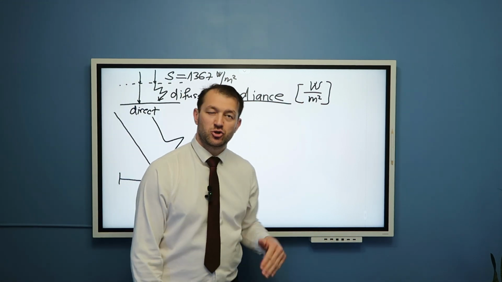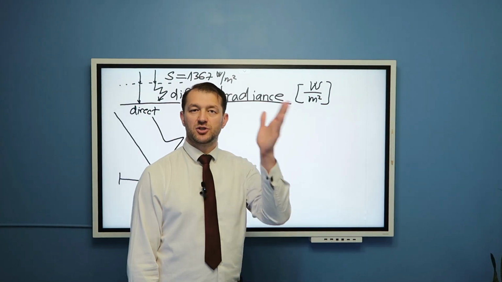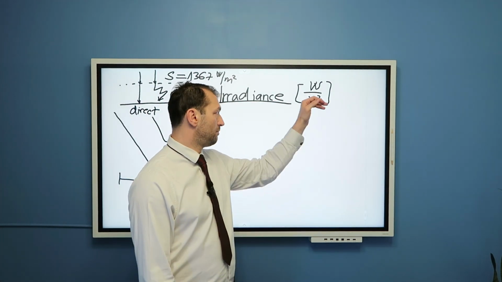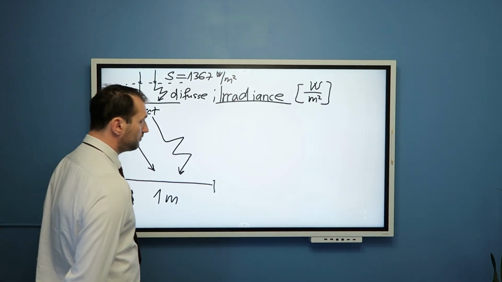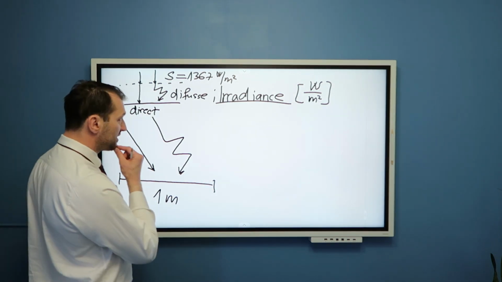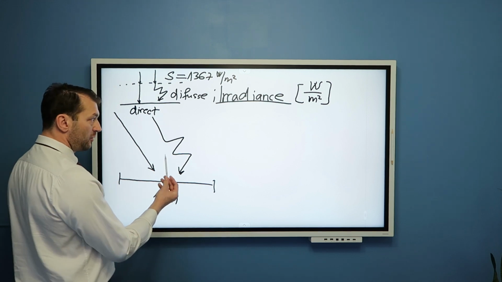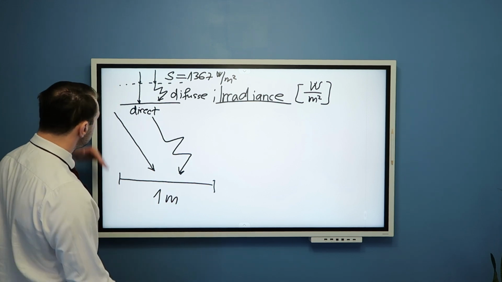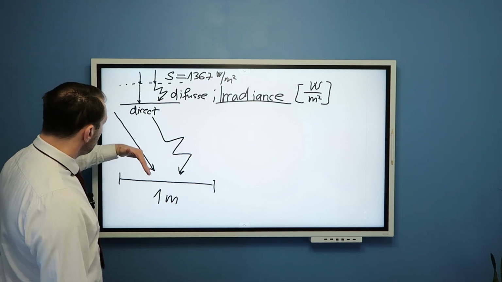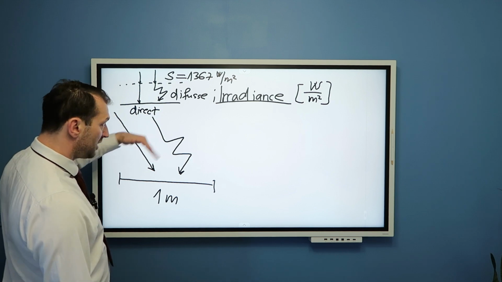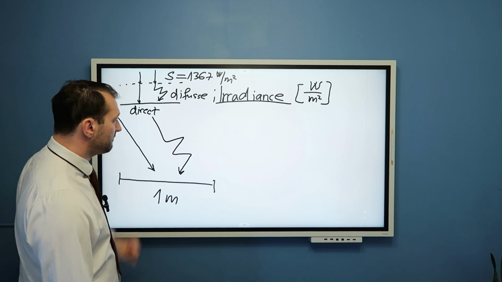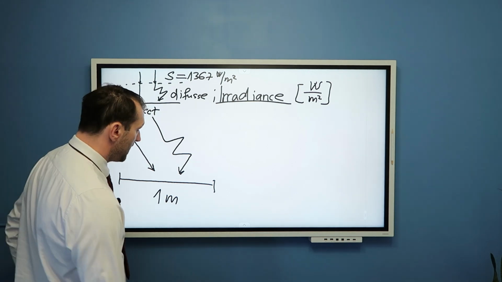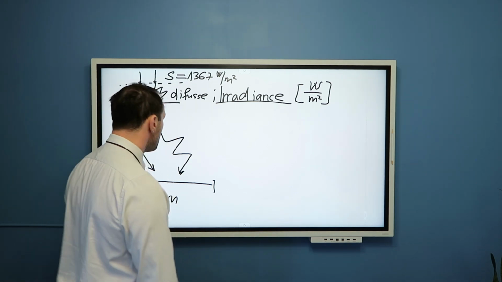Because a watt is joule per second, so that is energy each second per square meter on which it falls. So that is irradiance. But clearly now we can define irradiance associated with this direct radiation, and we can define irradiance associated with this diffuse radiation. And that's what we will do now.